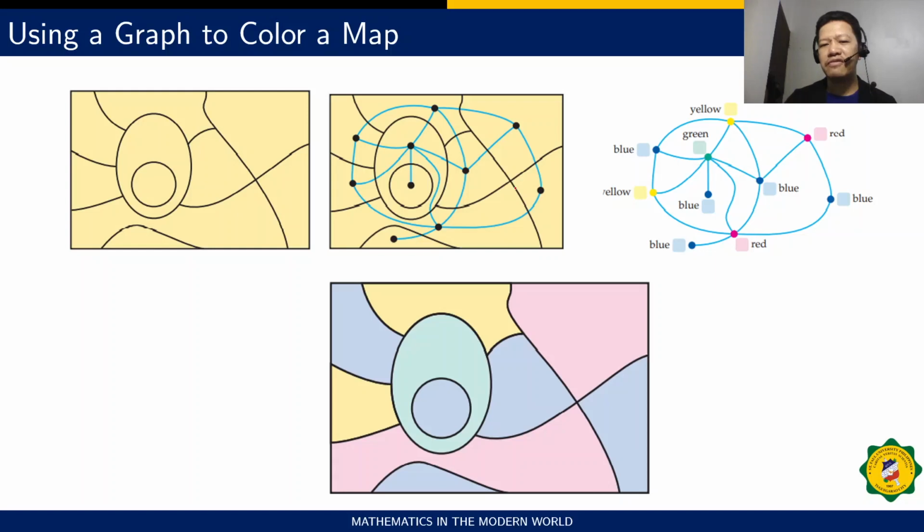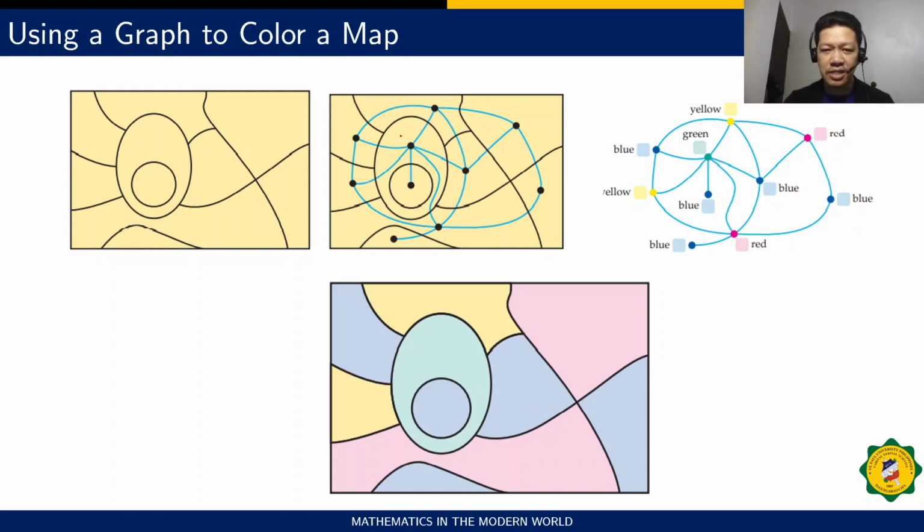So this is the graph, and then how to determine the color. So you may choose any color you want. Okay, you may start at any point here. You may start with this point here. Let's say this point is this place here.